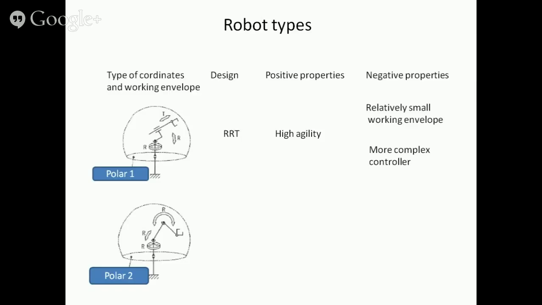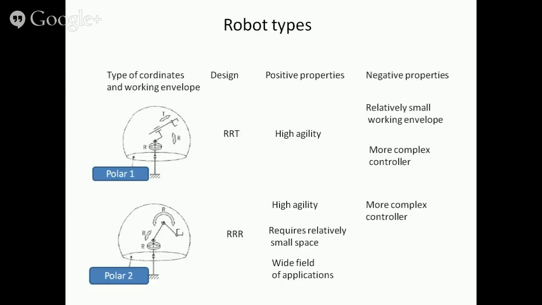Now the Polar Type 2 has got three R axes. We call it therefore also a RRR design. Positive is its high agility. It requires relatively small space, and it can be employed for many types of applications.